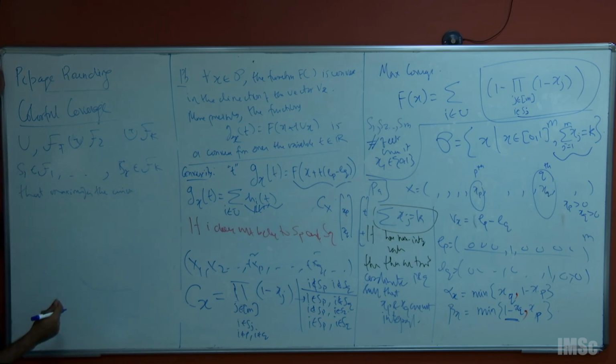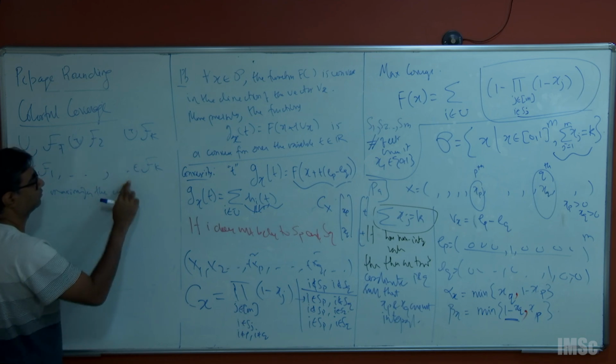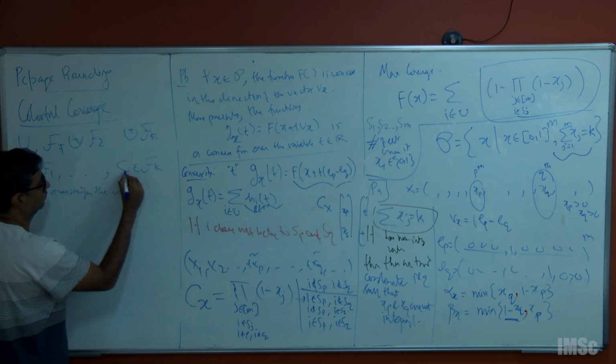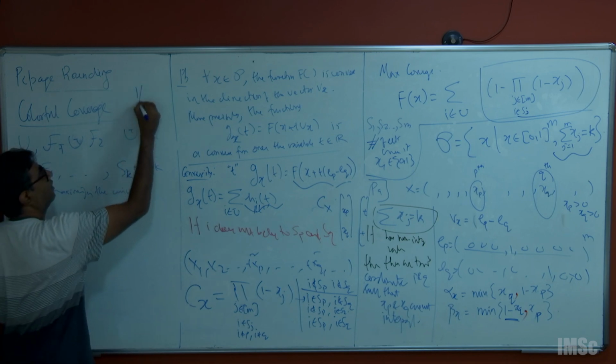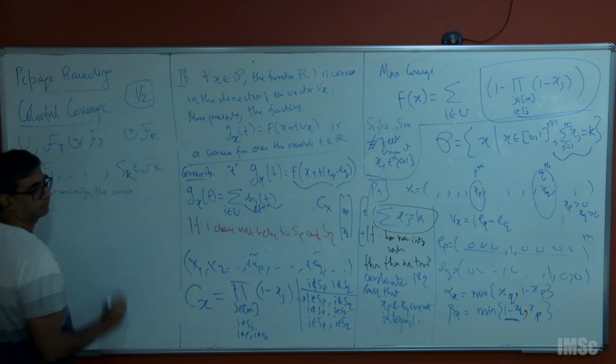So from each Fi we pick one set. This is what colorful coverage was, for which you provided a factor half approximation.